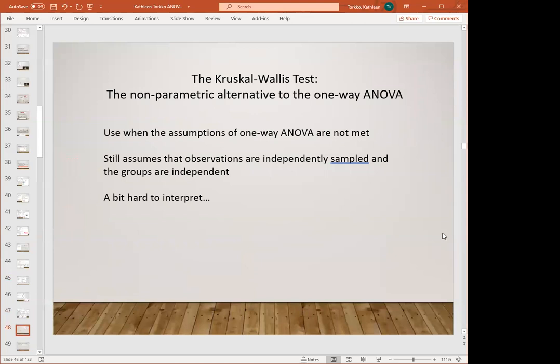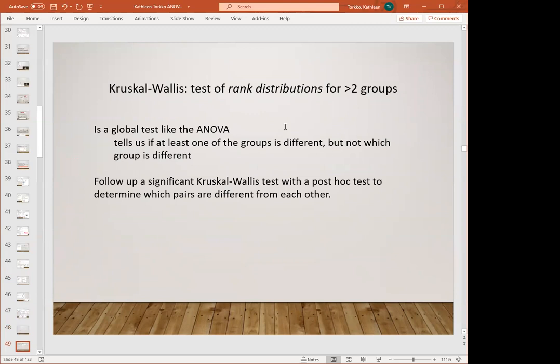And for the Kruskal-Wallis test, when you can't meet the assumptions of a one-way ANOVA, you can use this. It still assumes the observations are independently sampled and the groups are independent, but you can have skewed data and you can have data that have different variances in it. But it is also a little bit hard to interpret because it's really testing the rank distributions for greater than two groups.